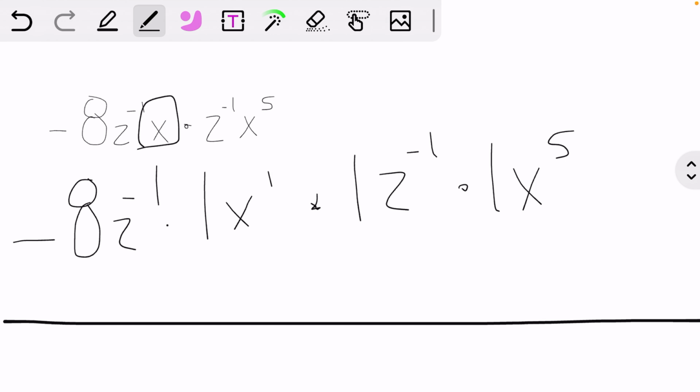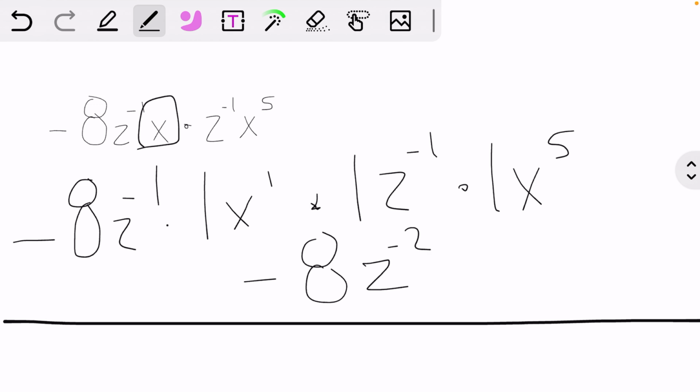So that's just going to be -8. And then we got z to the negative first power times z to the negative first power. So of course we keep that variable the same, z, and we combine -1 and -1, and that's going to give us -2.